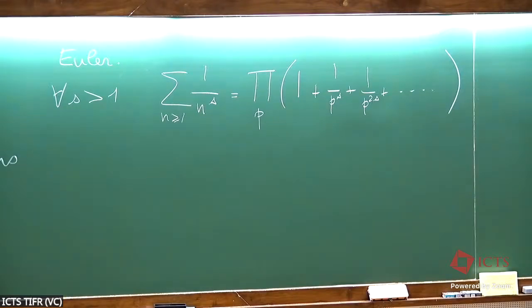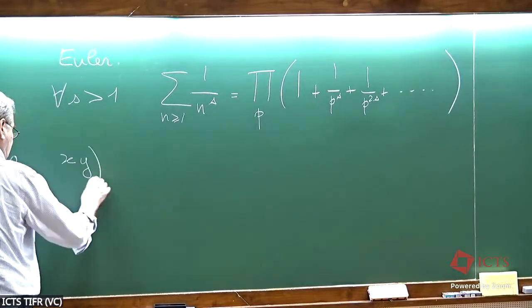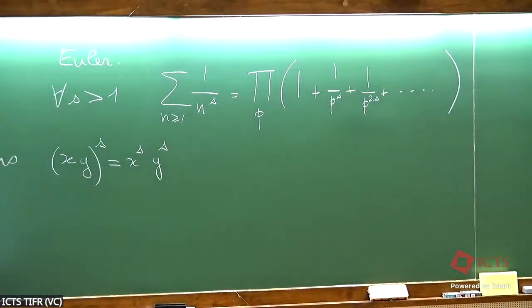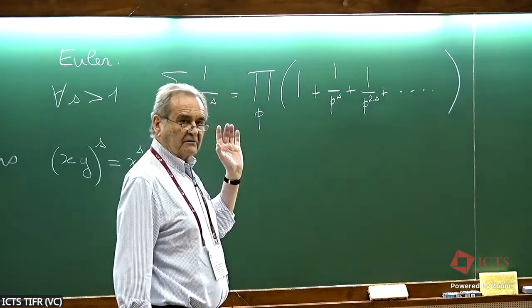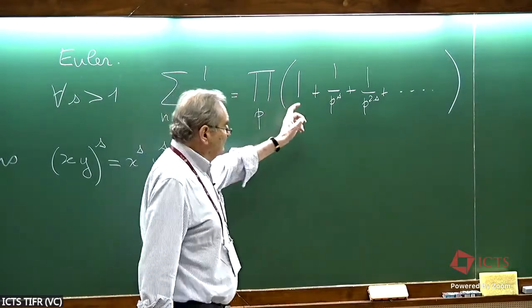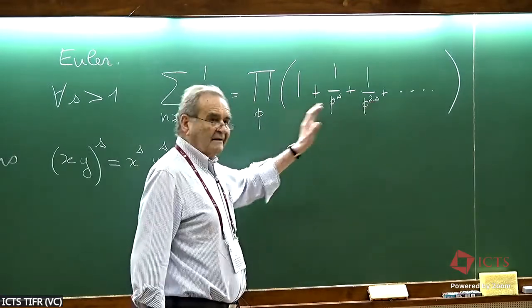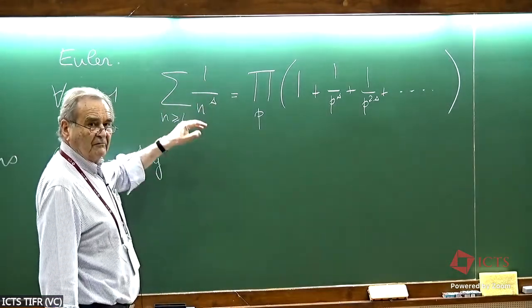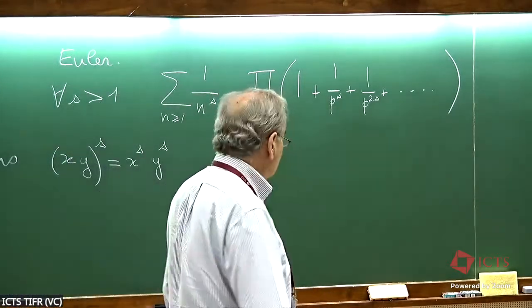And use the fact, which is great, that (xy) to the s is equal to x to the s times y to the s. So when you make the product, what you get is just 1 over the product of the elements. The convergence for P going to infinity is not a real problem because all the terms are positive and everything has an upper bound, which is the sum of 1 over n to the s, which is convergent. So the analysis is not difficult to go to the limit.